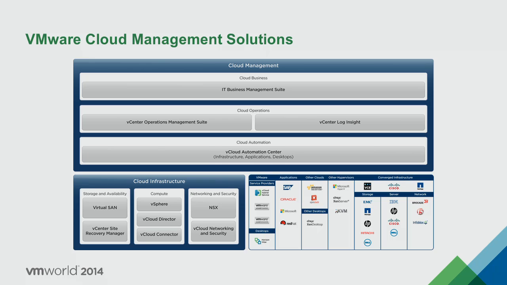We have the cloud operations piece that monitors health and provides the capabilities to remediate problems. And finally, the business management suite, which provides the cost and allows you to run your IT organization like a business.